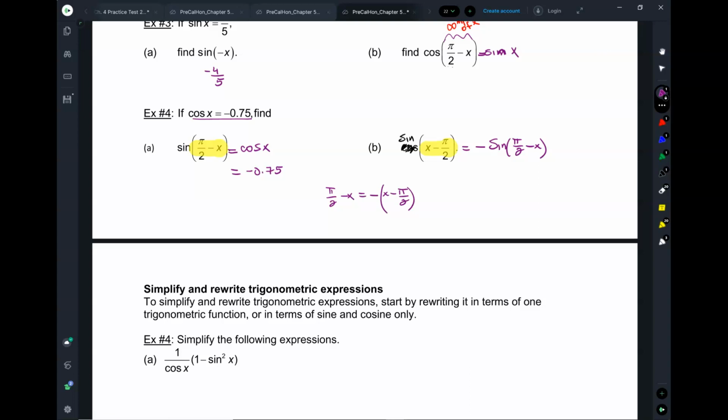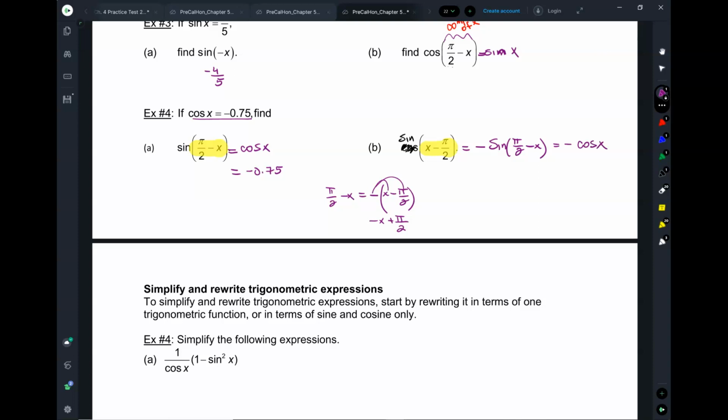Because distribute the negative, what happens here? Negative x plus pi over 2. So one is the negative of the other. Why wouldn't it be negative cosine? So sine of this is negative sine of that, which is equal to negative cosine of x.